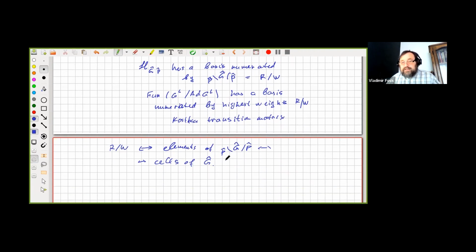Why cells? Because you have this quotient, which is a discrete set, so the orbits of P hat are cells in a generalized sense, products of C's and C stars. These orbits of P hat from the right give a decomposition of G hat, and so the cells, maybe in quotes.